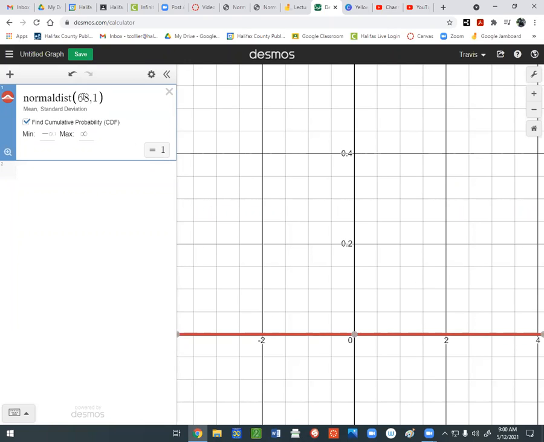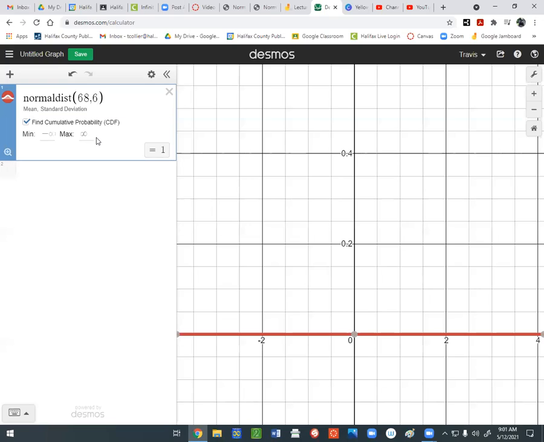So 68 is going to be the first number inside the parentheses, and then there's going to be a comma. Now we're going to get rid of the 1 for the standard deviation, and I'm going to replace that with a 6 because that's what the question says. So now I've got normal distribution 68, 6.